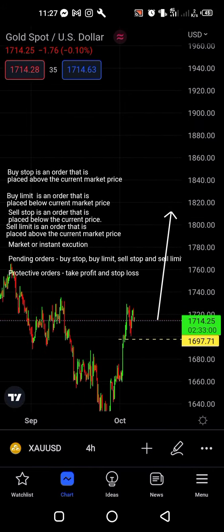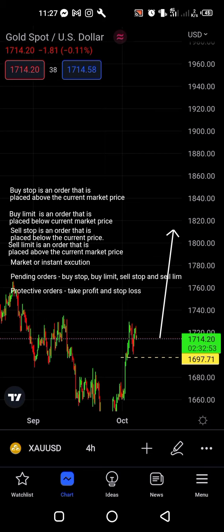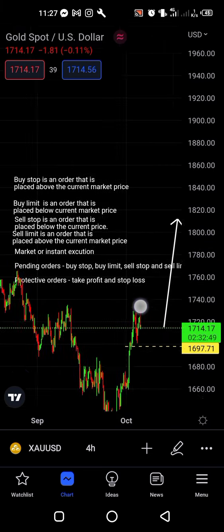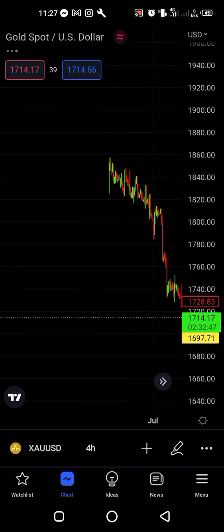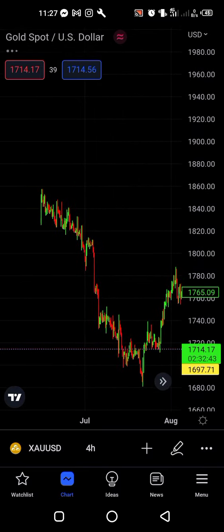Okay, so your take profit, on the other hand, is an order that protects your profit. Your stop loss protects your capital, your take profit protects your profit. So let's use another part of the chart.